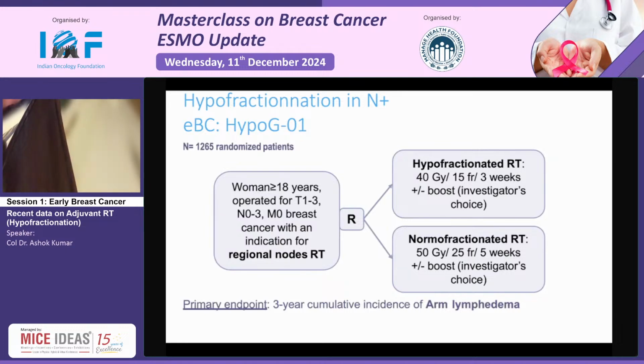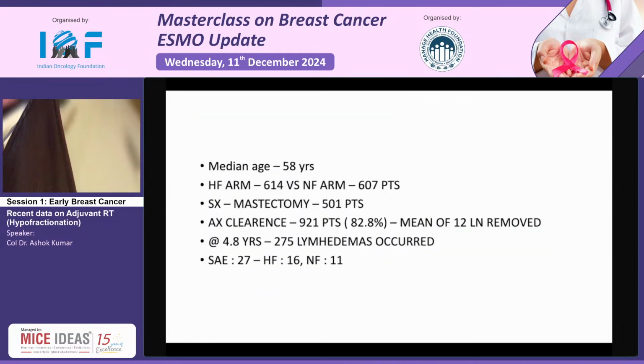The hypofractionated arm consisted of 40 gray in 15 fractions over 3 weeks with or without boost, versus the standard fractionation of 50 gray in 25 fractions with or without boost. The primary endpoint evaluated was arm lymphedema. Let's see how it fared.